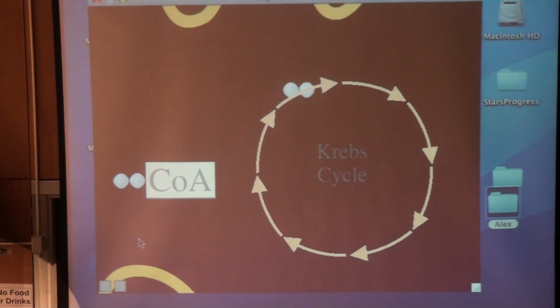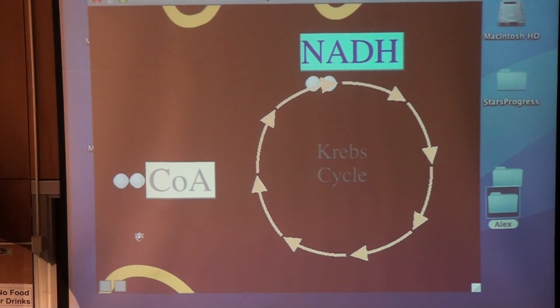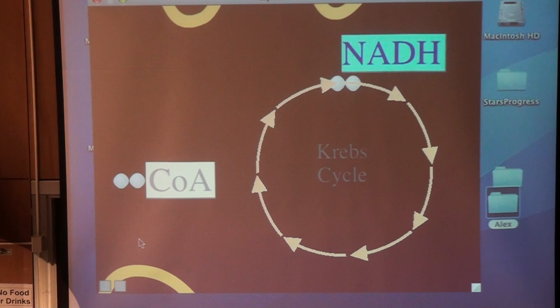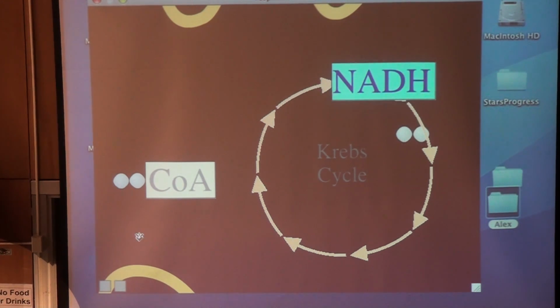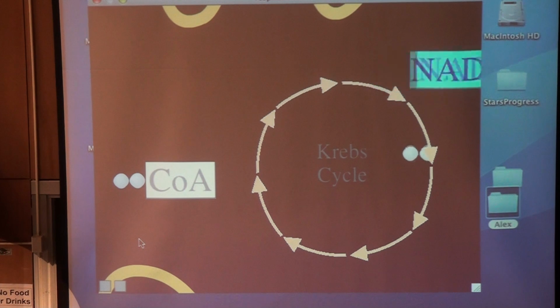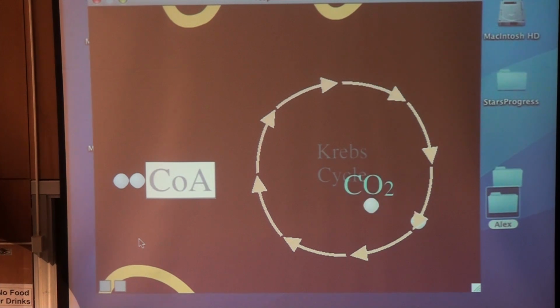So each enzyme makes small changes in the functional groups of those carbons as they go through the cycle, and they're actually slowly oxidizing those carbons, and so you get high energy molecules captured along the way. There's an NADH that's captured at that step. Another NADH gets some high energy electrons out of that step. I think there's an ATP coming up.